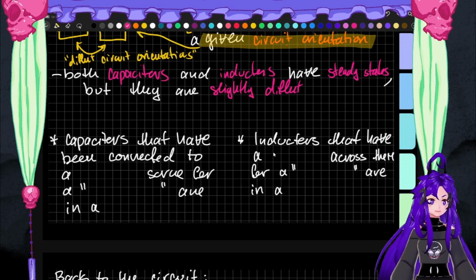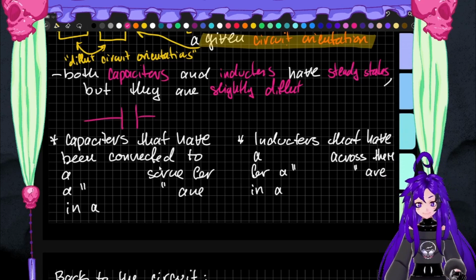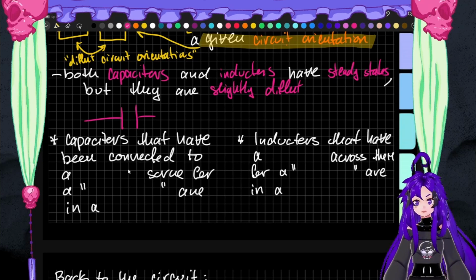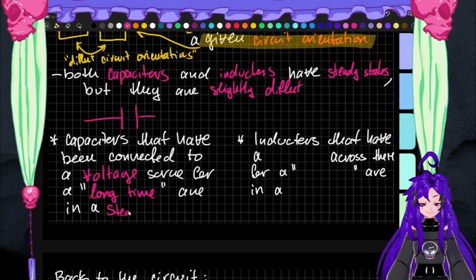So, back to what these steady states act like. So, a capacitor, right? Capacitors that have been connected to a voltage source for a long time are in steady state.